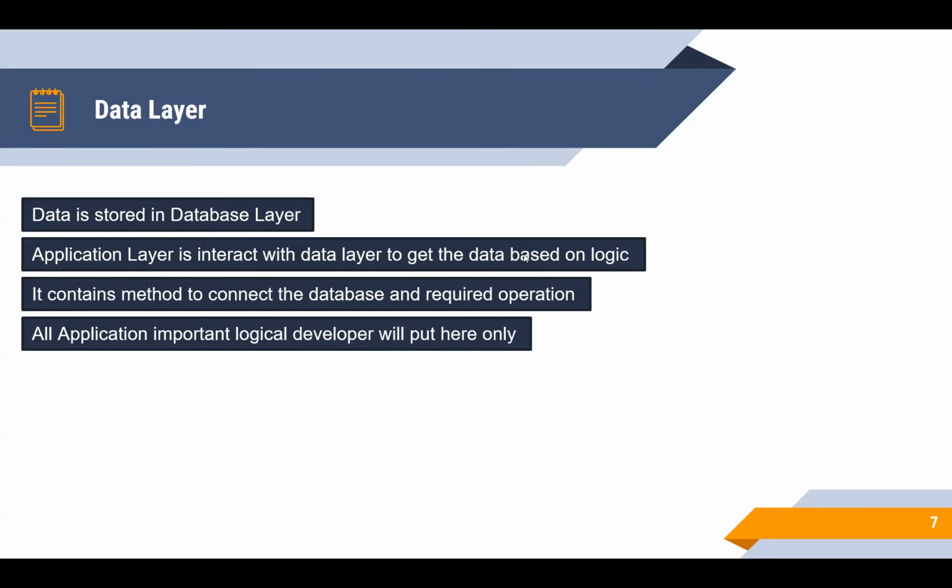Data layer will specifically control and mention every function related to the database, like login, get all user by type. If I send a role as admin, I want to get all the users who are admin.